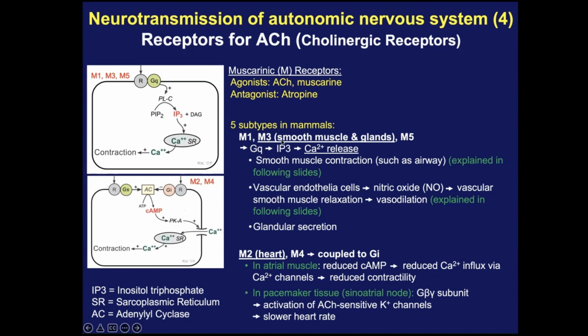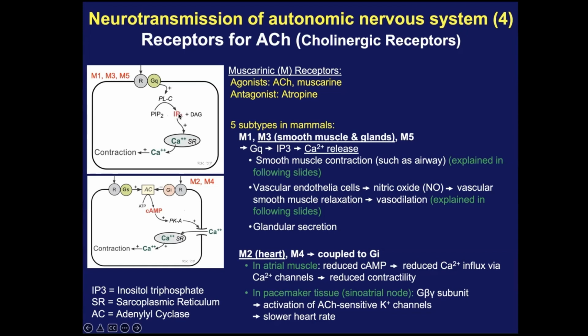The M1, M3, and M5 are the first group, and M3 is most important because it is expressed in the smooth muscle and the glands. In this group, when the agonist, either acetylcholine or the muscarine, binds to the receptor, it will activate the G protein called Gq. And the Gq protein will activate the enzyme called PLC, phospholipase C, which generates the IP3.